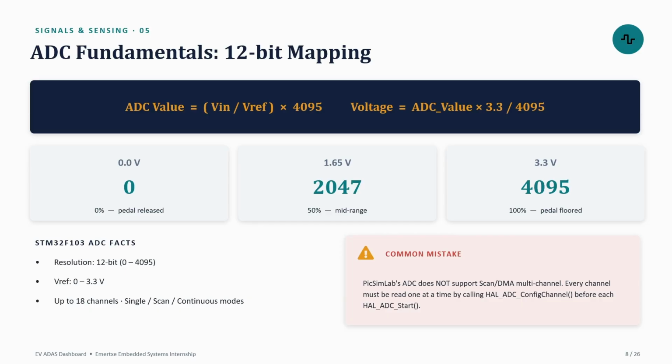And thus, we are using the 12-bit mapping process of the ADC, in which 3.3 volts is represented as 4095 and 1.65 volts is represented as 2047.